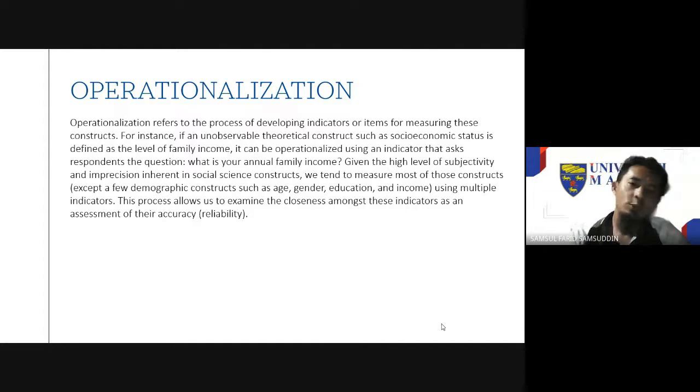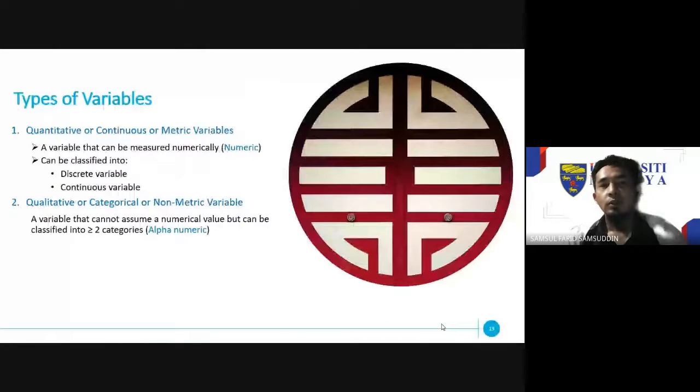Okay, how do you represent your variables? There are several types of variables, but for sure in research, if you ask me, there are only two types of research, quantitative and qualitative, and another one is mixed, mixed quantitative and qualitative.